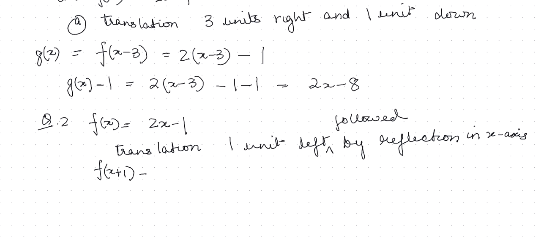So 2 times x plus 1, wherever there was x, we put it this way. And now suppose this is g of x. Reflection in the x-axis means we multiply everything by negative, so the whole function would be negative.